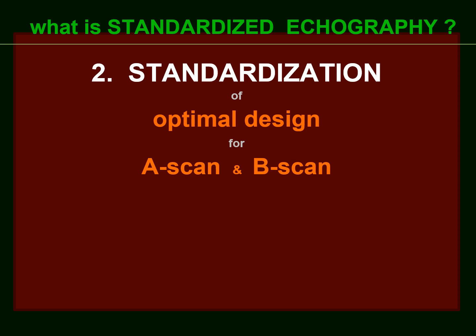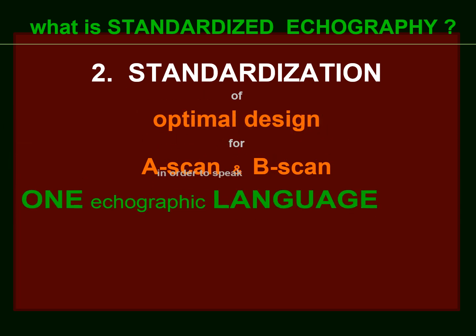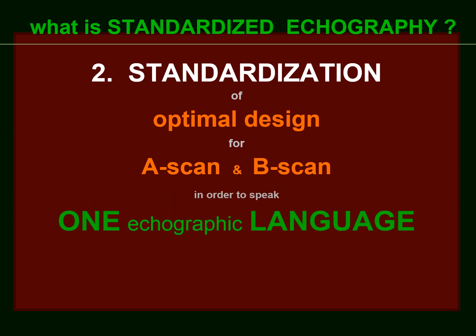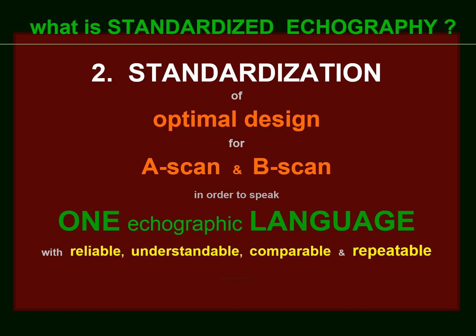Second, standardization of this optimal design for both A and B scan. A scan instrument, signal processing, etc. B scan examination techniques in addition to the A scan. With this standardization, we speak one echographic language.